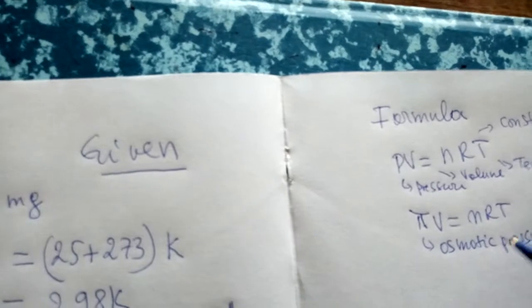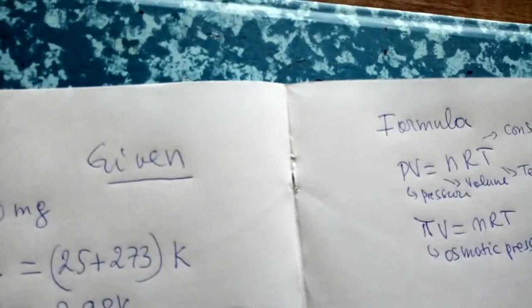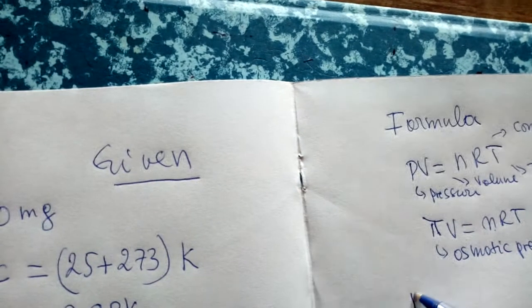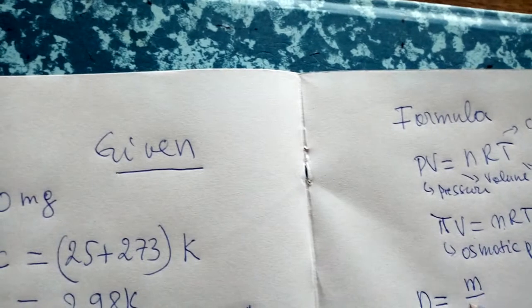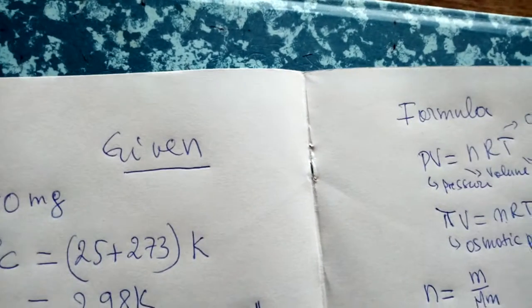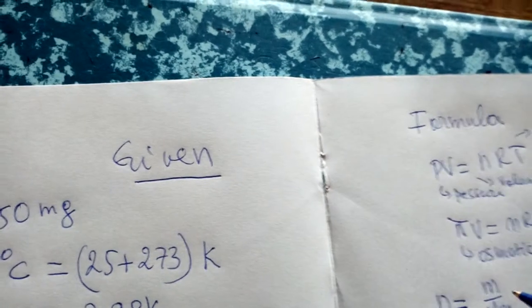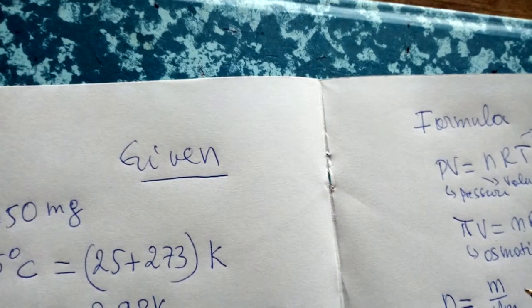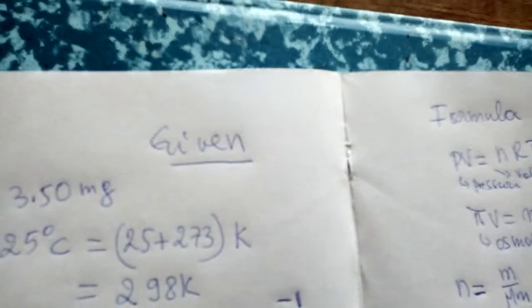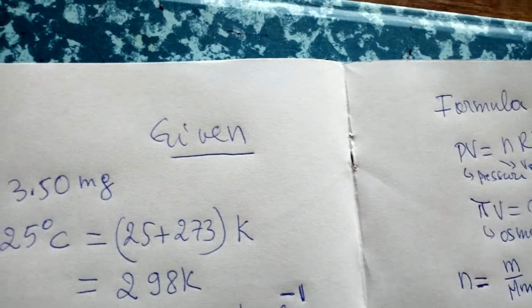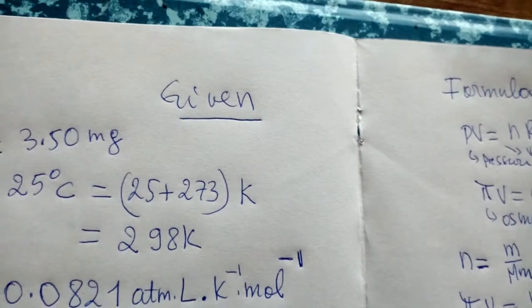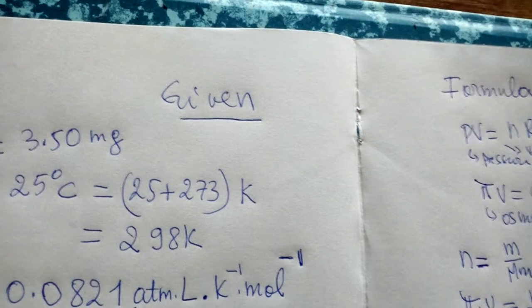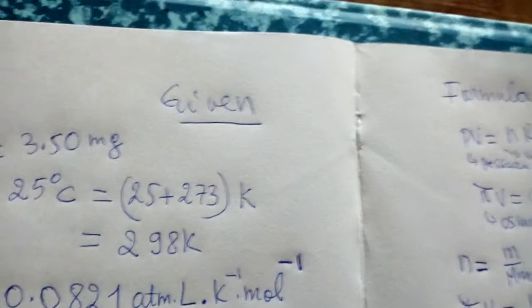Here you know that what we have is the mass, not the number of moles, but we know that number of moles is equal to mass over molar mass, and we know the mass, but we don't know the molar mass. It means that P times V is equal to mass over molar mass times RT.